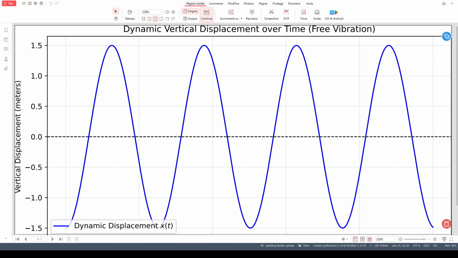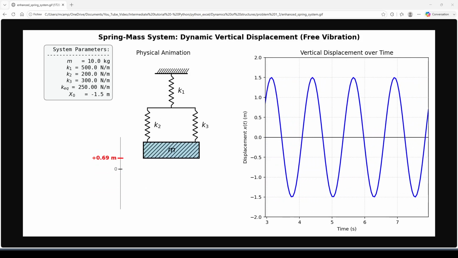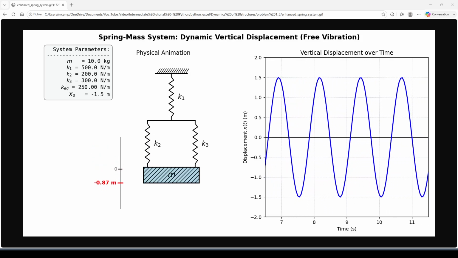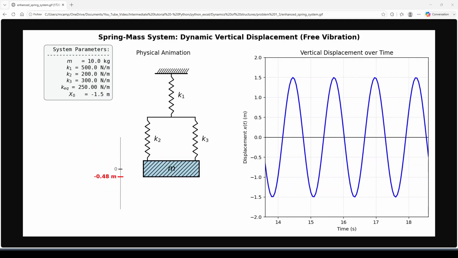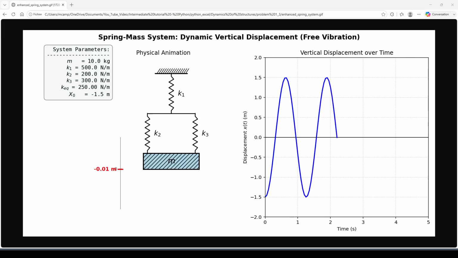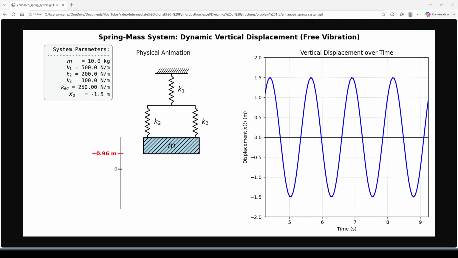We can also make a simulation of this displacement, where we can see the movement of the spring system with displacement around the zero static value.